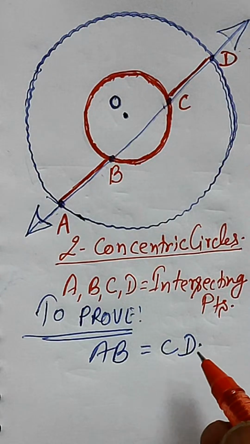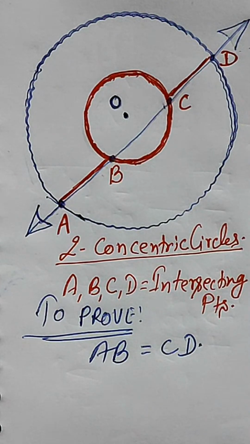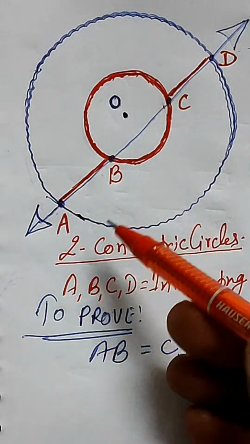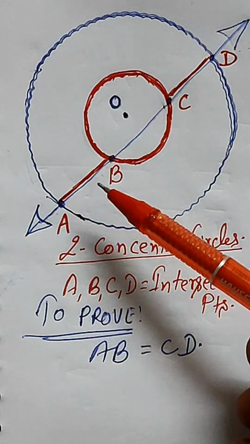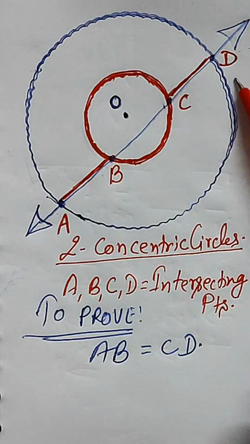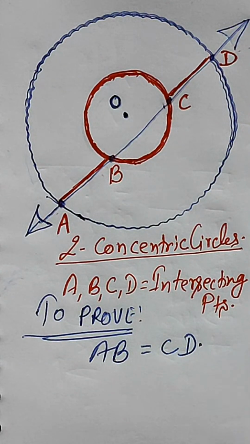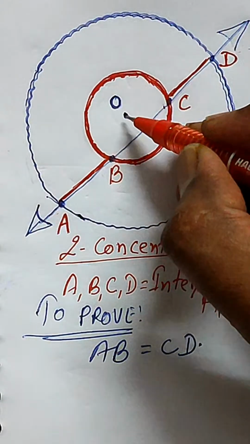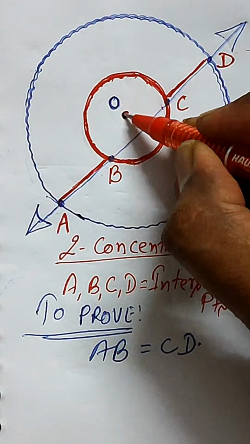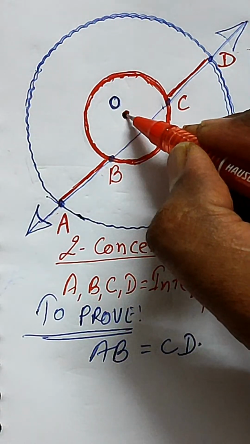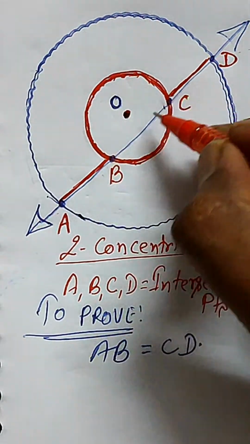I have written it. Do one thing, students. Since the line is intersecting these two concentric circles at four different points A, B, C, and D, and we need to prove AB equal to CD, let us do one thing. From the common center of both these circles, draw a perpendicular on this line.